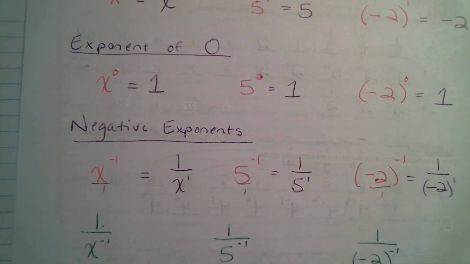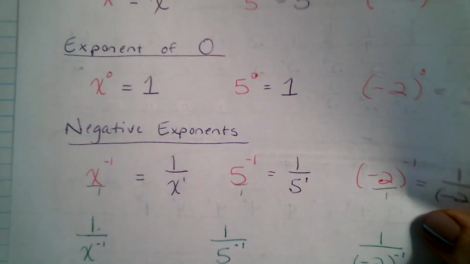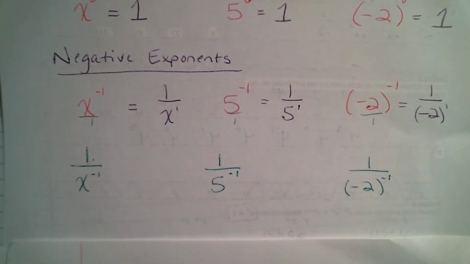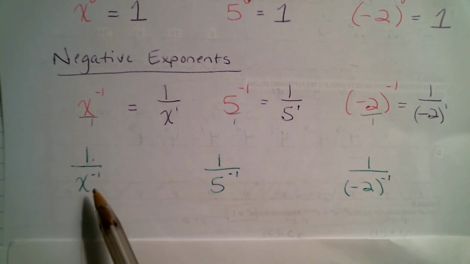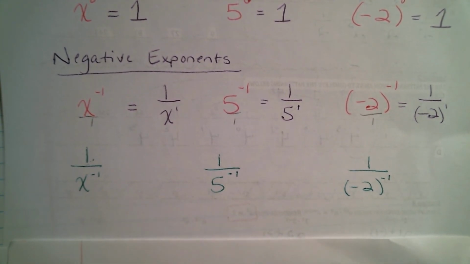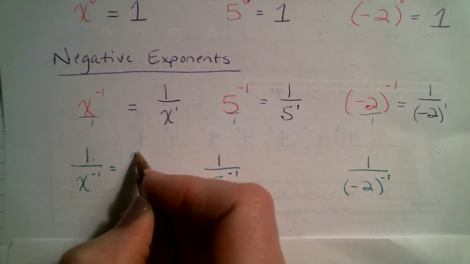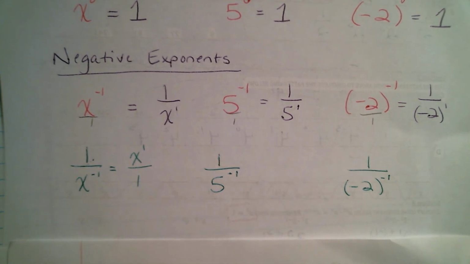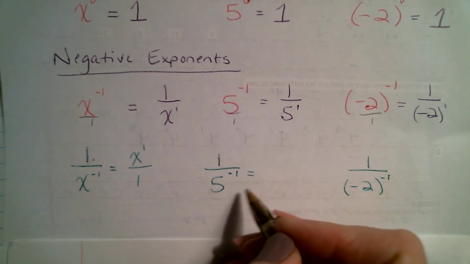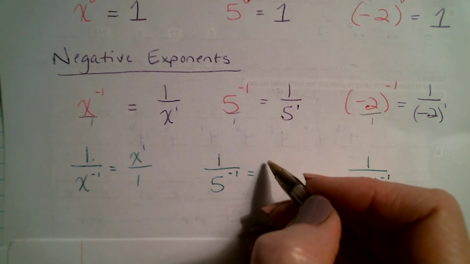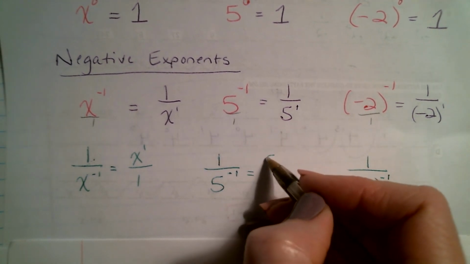Now, something that we won't necessarily practice right away, but I want to put it out there so it doesn't freak you out when it occurs, is that the opposite can be said true. If we have a negative in the denominator, it stands to reason that I would move it to the numerator to make it positive. Negative exponent, if I switch its position in the fraction, it becomes positive.